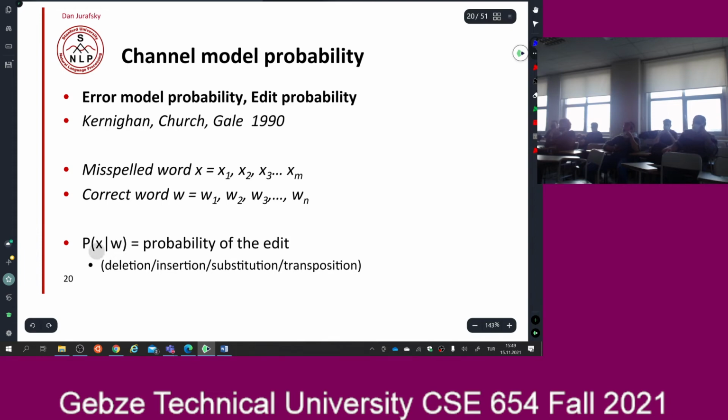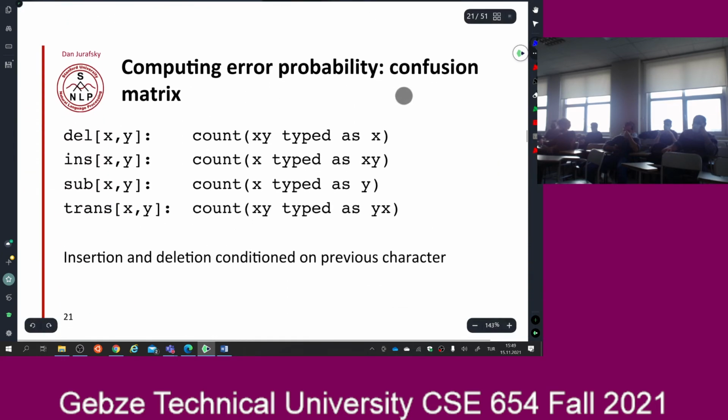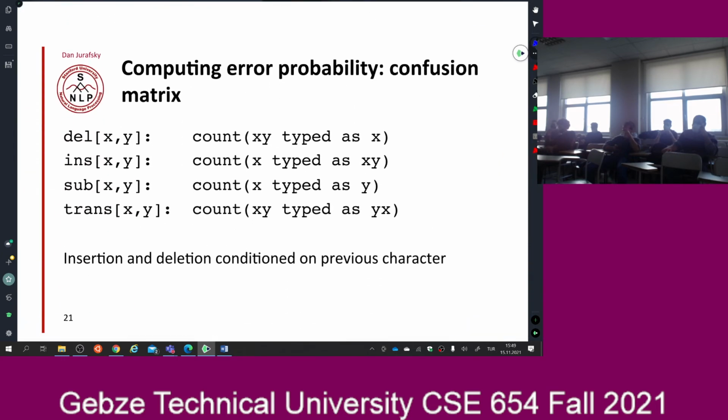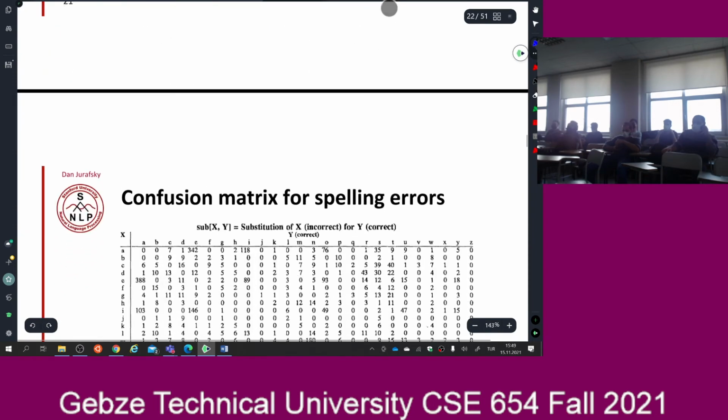For that, I have these steps, and maybe I can get these counts: how many times XY is typed as X, how many times X is typed as XY, how many times X is typed as Y, and how many times XY is typed as YX.